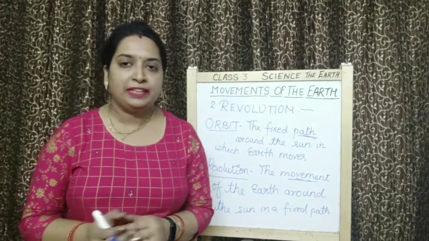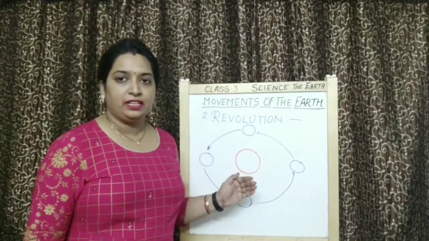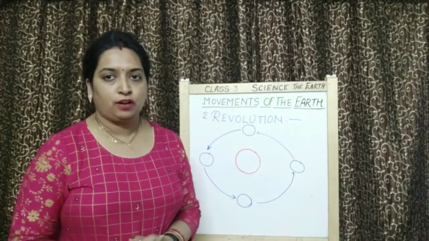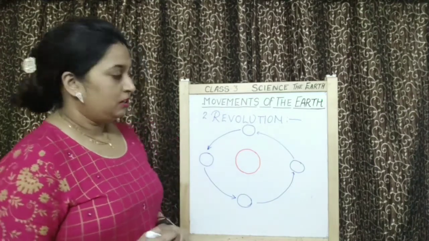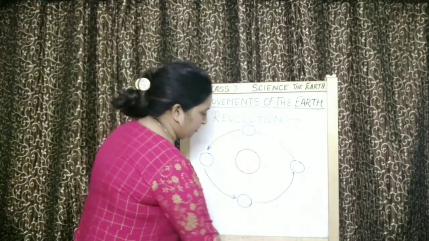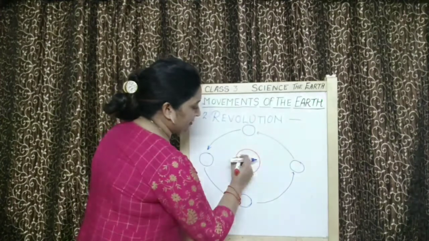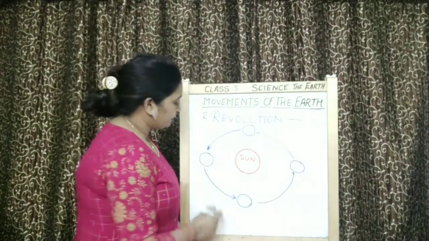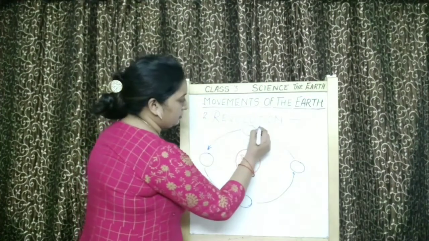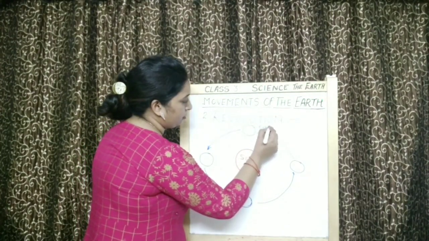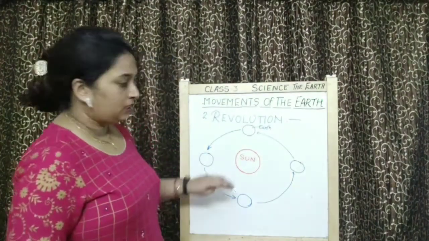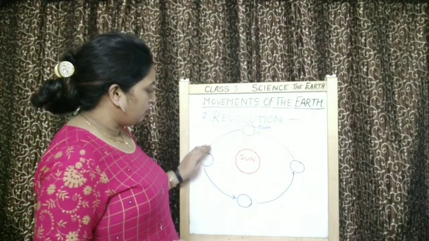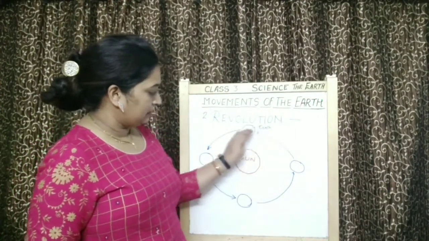I will explain you with the help of a diagram. You can see diagram showing revolution of the earth. What is present in the center? This is sun. This is representing sun. And this is earth. So children, earth is moving around the sun in a fixed path.